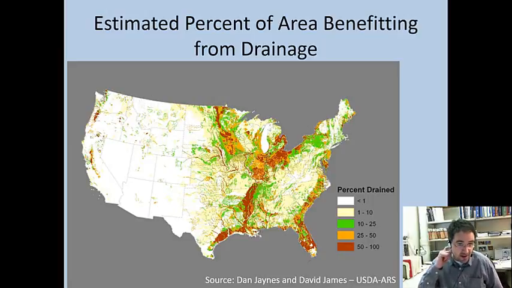We also see that in some of the Great Lakes Basin, as well as going up into Canada in the Red River Valley of the North, up in this area.